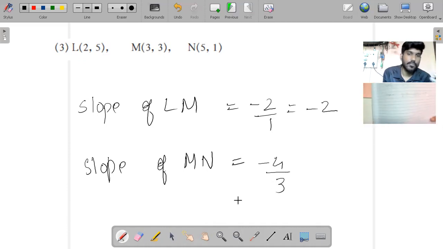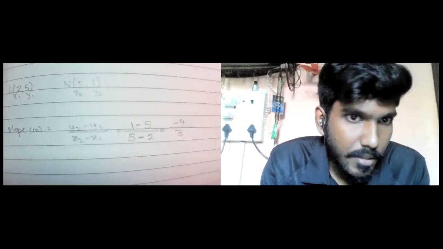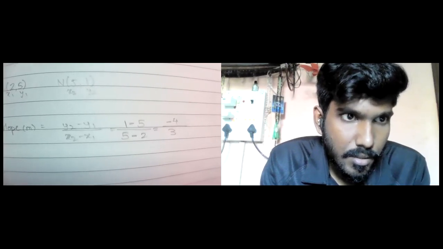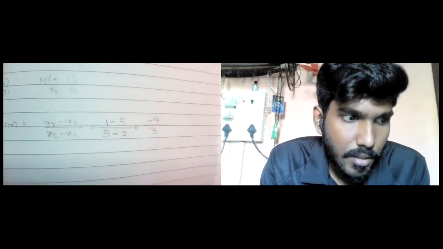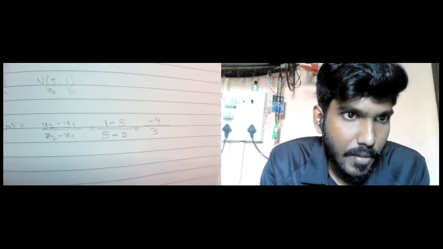How did you get -4 upon 3? You're finding MN, right?